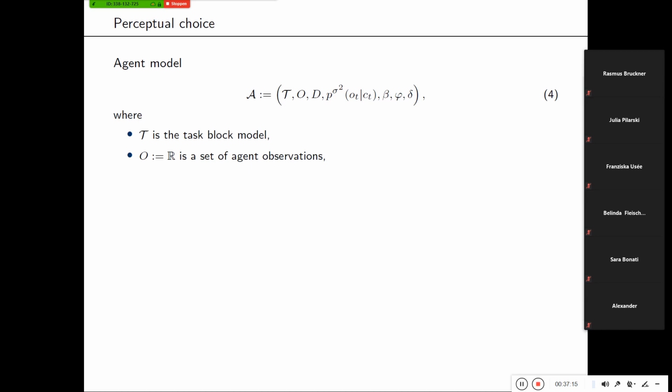So the agent has access to the observations, and the observations result from adding noise to the contrast difference. So the agent doesn't know the state, can't access it, and it also can't directly access the contrast difference.